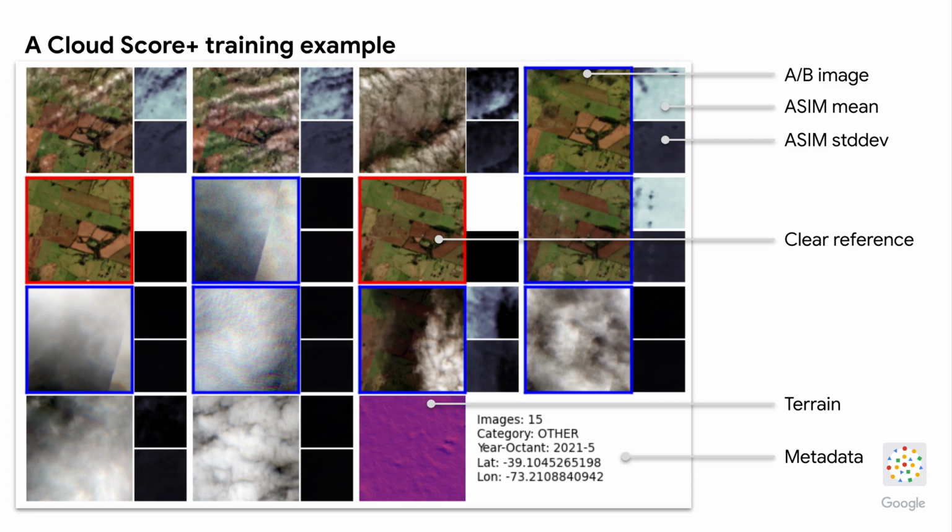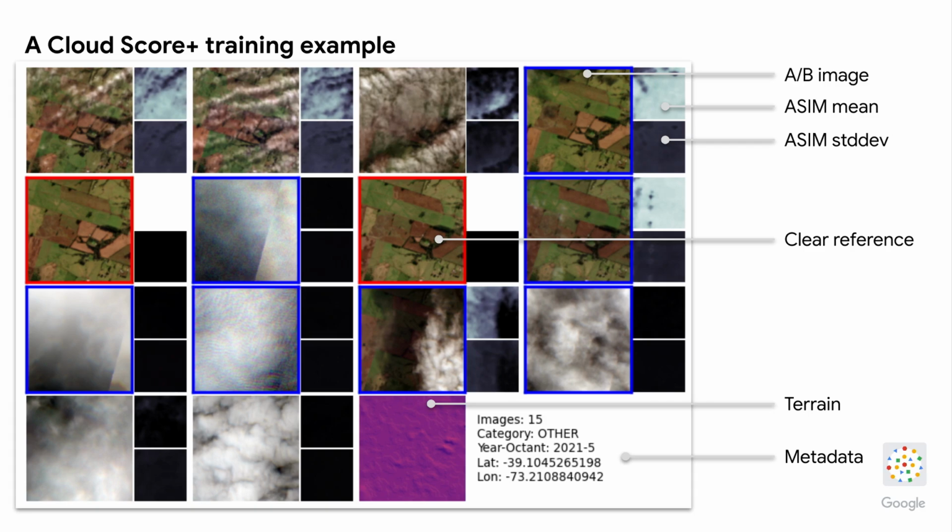We needed to find locations for our training where we had at least one pair of clear reference images. So we took the ASIM, and we said, okay, remember, if we look at the min score, if the min score is pretty low, those images were graded overall as having mostly very similar pixels, and I can say those are clear images. Why do clear images matter?